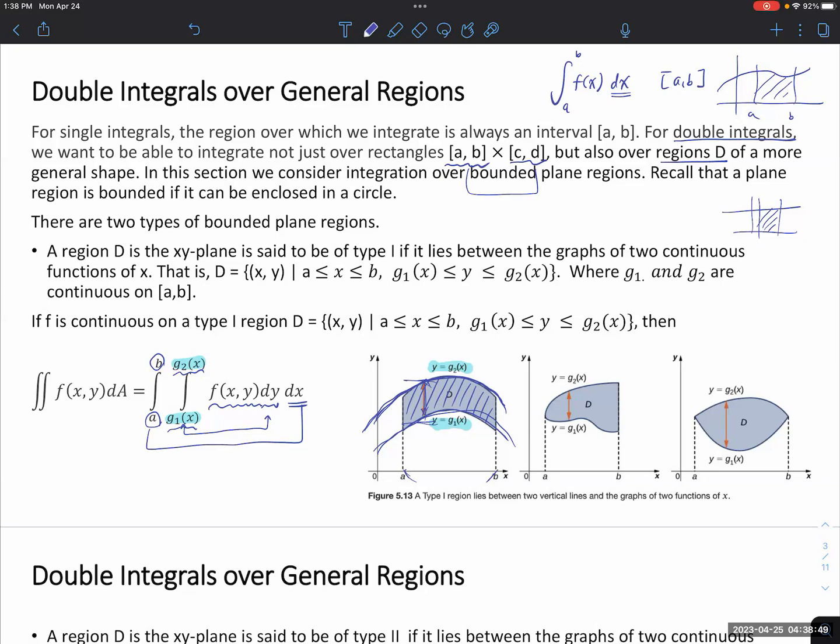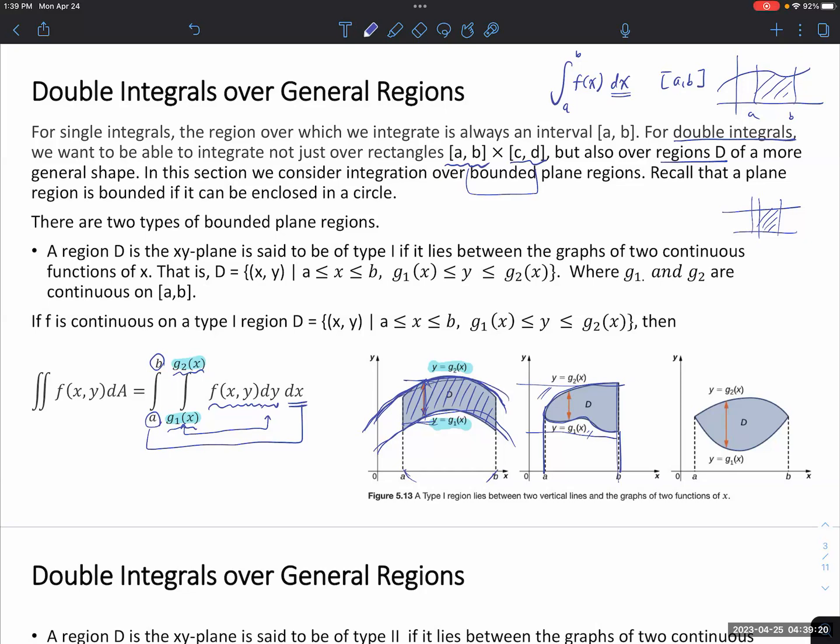Same thing: y is always complicated if you look at it, because the x interval is so clear. From a to b, you can cover the entire region, but from here to here, you have a lot of variation going on. If your y variable has a curvy shape, then you need to find the given function that represents the different heights on the y-axis. I'm just showing you a variety of cases.